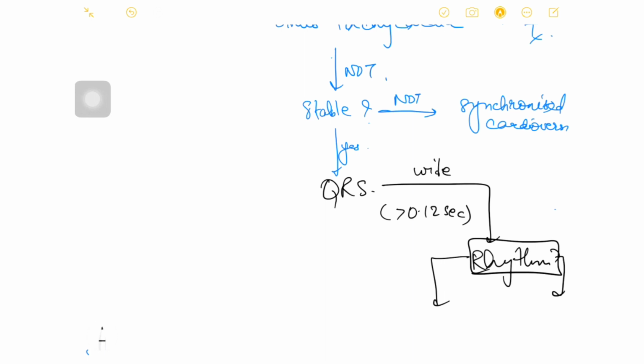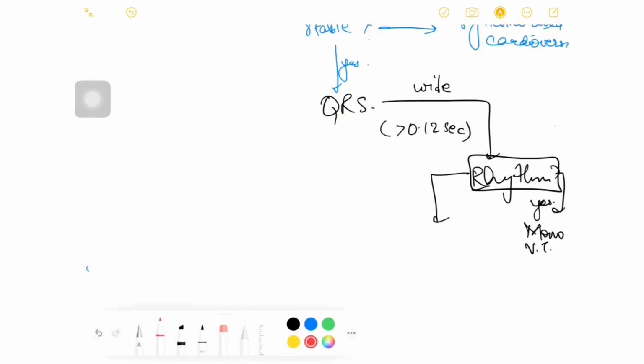If the rhythm is regular and the QRS is wide, then what is it? Monomorphic ventricular tachycardia. Very good. What is the treatment? Amiodarone. If the rhythm is irregular and wide QRS, then what is it?